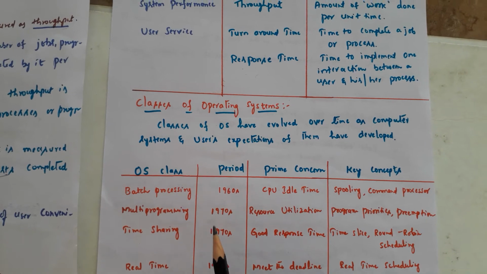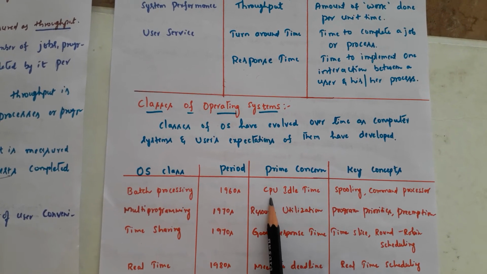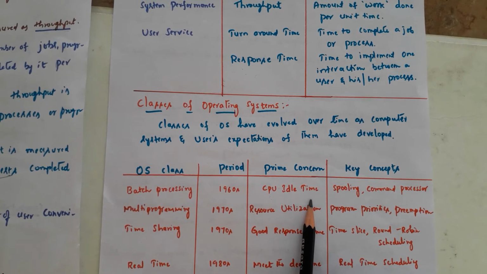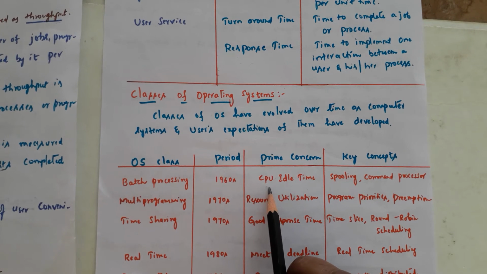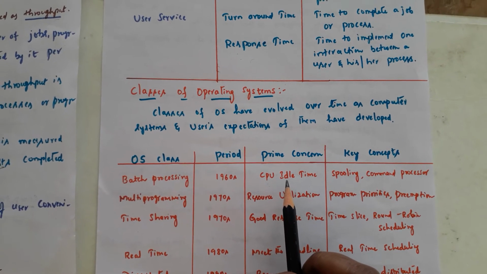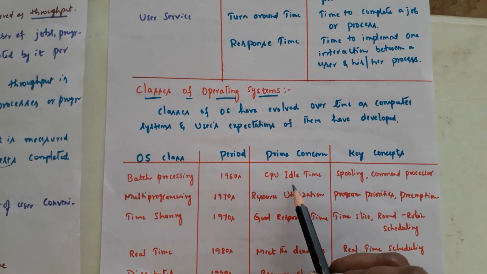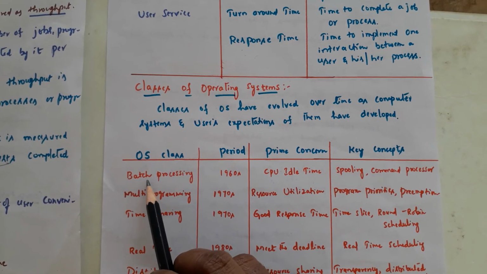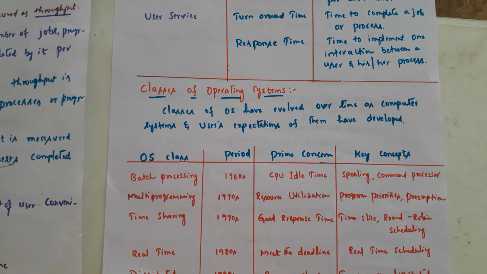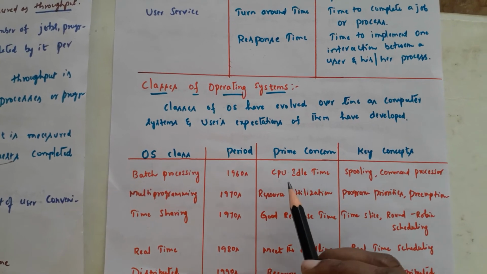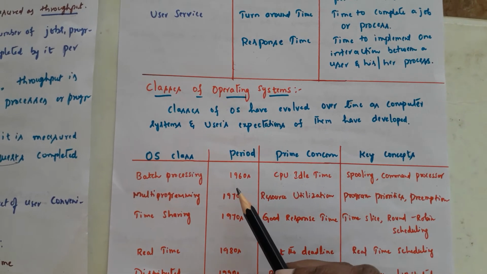For example, in the 1960s, the primary concern for the generation of any operating system was the idle time of the CPU. We were not making the CPU work efficiently and resources were being wasted. That's why we went for batch processing operating systems, and one methodology implemented for this concern was spooling and the command processor, in the 1960s.